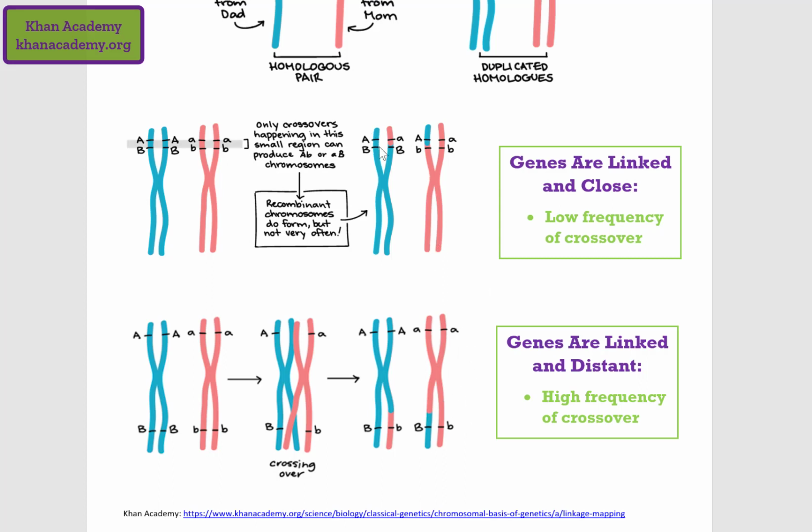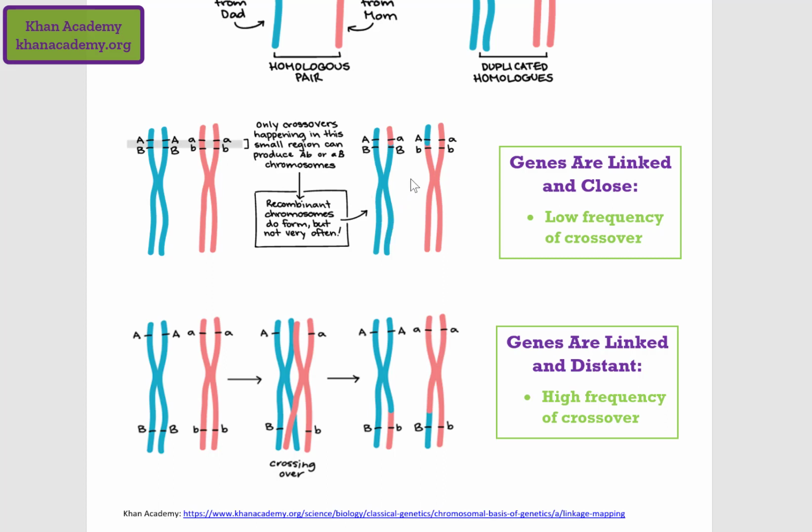However, if the genes are very, very close together, crossing over occurring in between those genes is really not that likely, purely based on the fact that there just isn't many places that crossing over can occur in between those two genes. So if we looked at the gametes, we would expect to find little a with little b most of the time, and big A with big B most of the time.